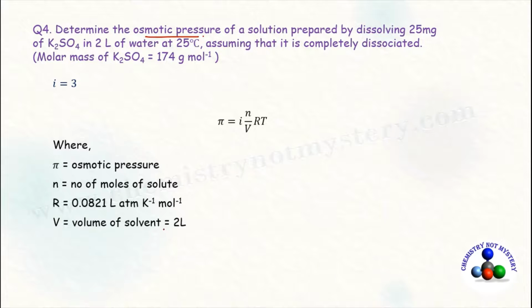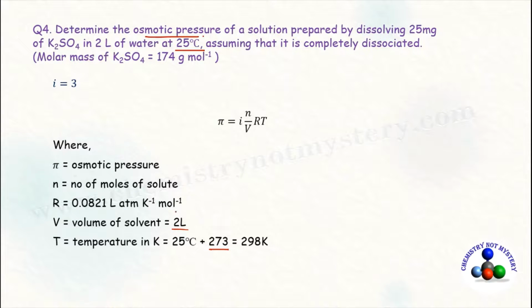V is the volume of solvent that is given 2 liter. T is the temperature in Kelvin. Here temperature is given 25 degrees centigrade. So first of all, convert degree centigrade into Kelvin by adding 273. So here you will get 298 Kelvin.